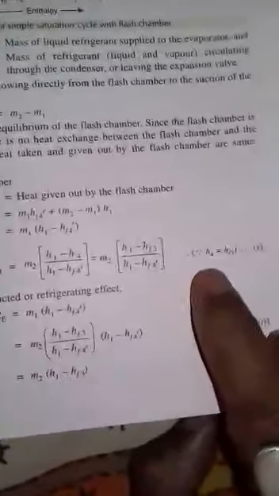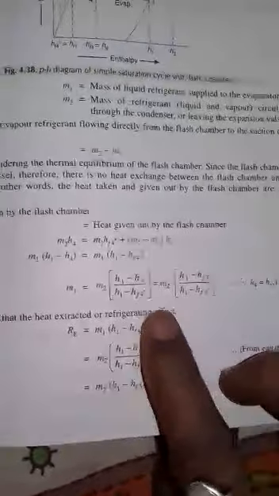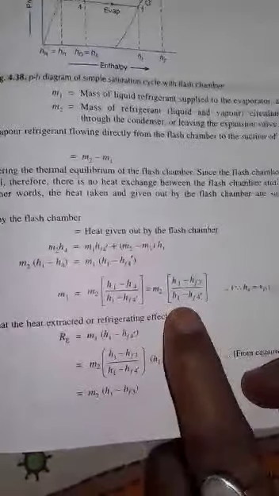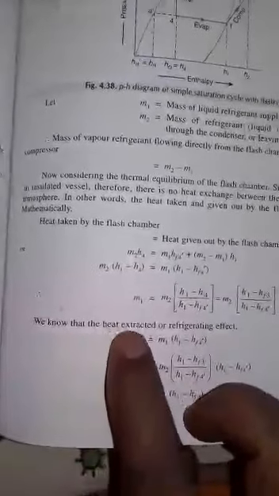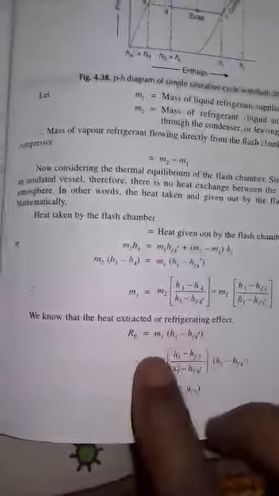So H4 is equal to HF3, that we have put over here. H4 is equal to HF3, divided by H1 minus HF4 dash. We know that the heat extracted, or refrigerating effect RE, is M1 into H1 minus HF4 dash.